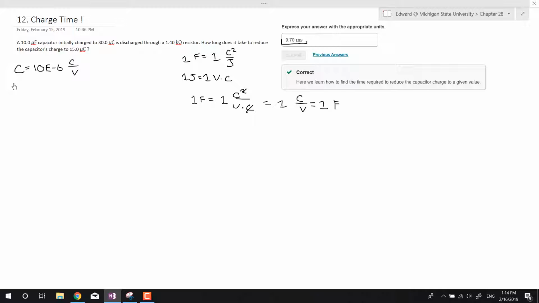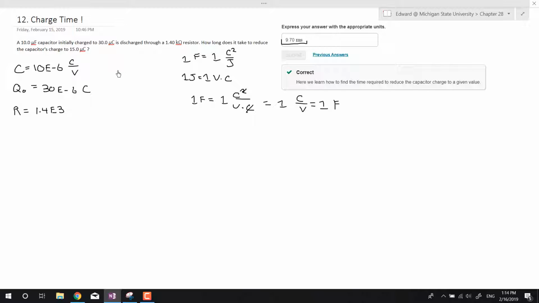Then we have the initial charge, which I'll call Q naught because it's initial. That's going to be equal to 30 e to the minus 6. Remember consistent units, and that's going to be coulombs. And resistor is denoted as R. It's going to be 1.4 e to the 3, keeping consistent units, ohms.